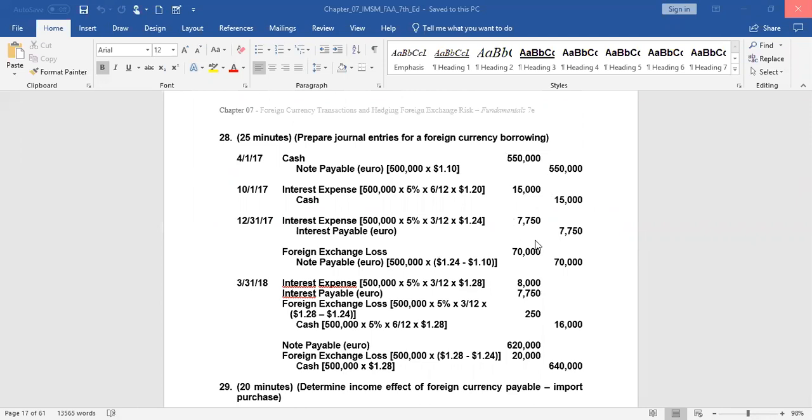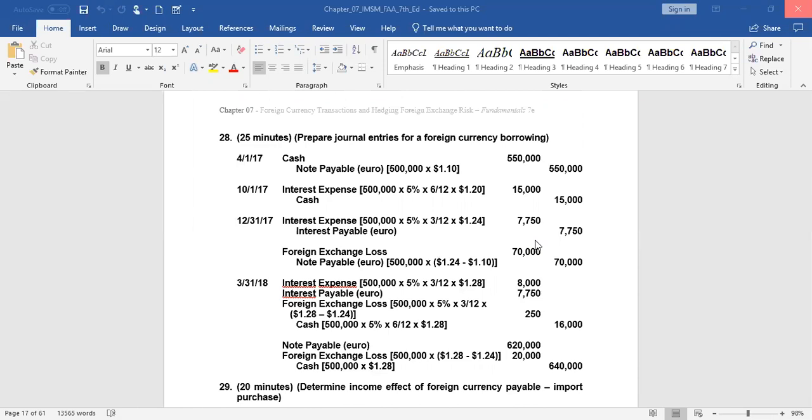Now on December 31st, remember, we must accrue interest. That's the first thing. Interest related to this loan from October 1st through December 31st. That's just normal accrual accounting. You did that back in Accounting 101 and in your intermediate accounting classes. But you never did it for euros, right? Well, we're still not, because we're going to convert the euros we're paying to dollars. So 500,000 is the original number of euros times 5% interest rate times 3 over 12 for 3 months.